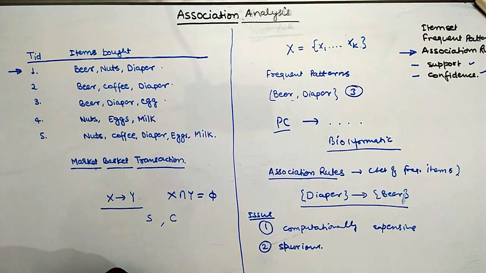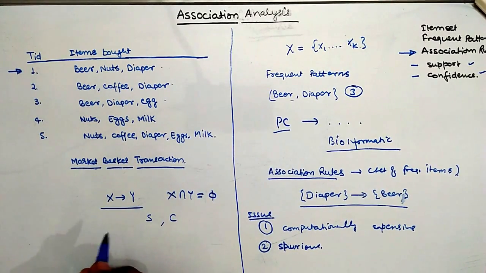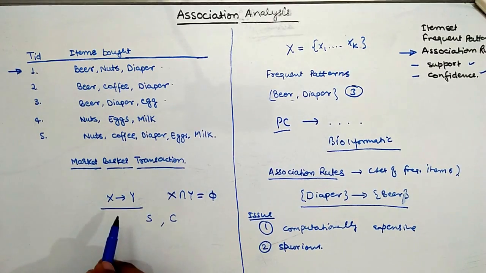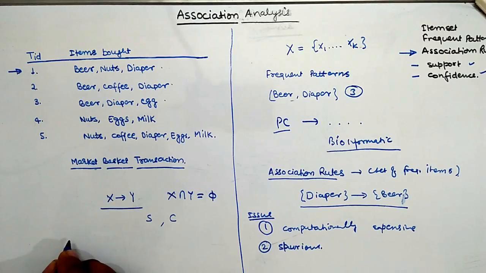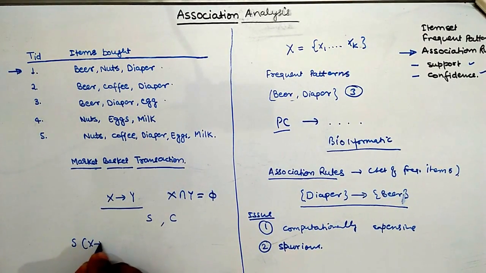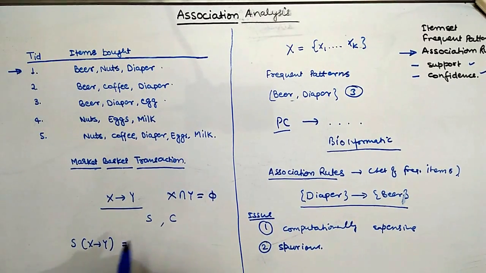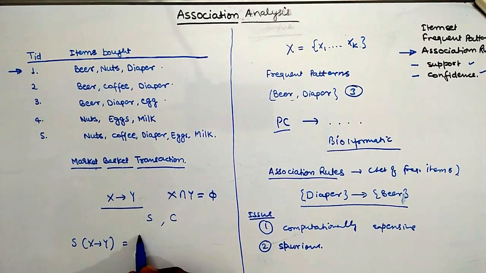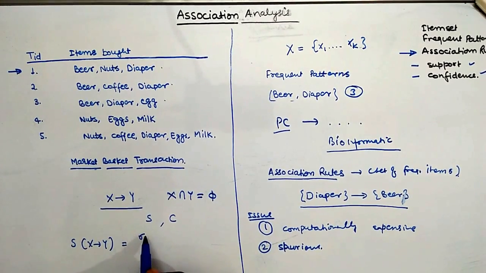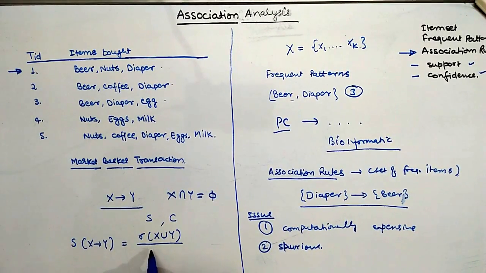The formula for calculating the support of this rule would be the support count for X with Y divided by the total number of transactions.